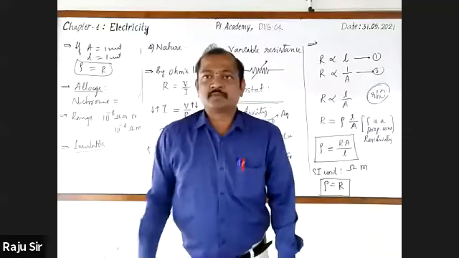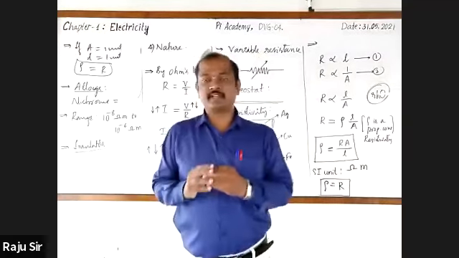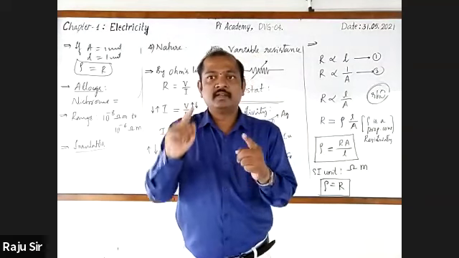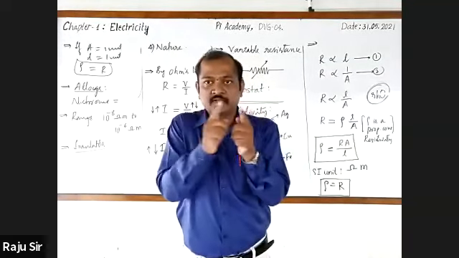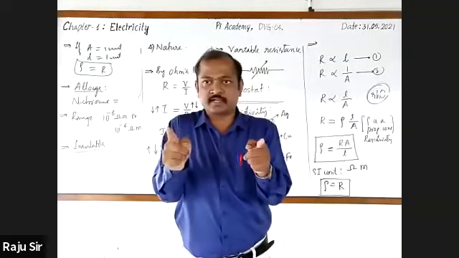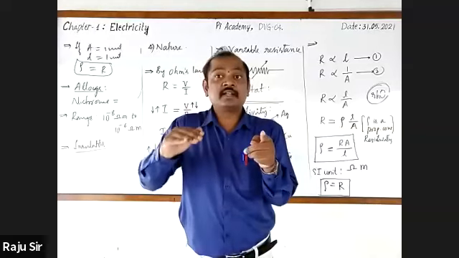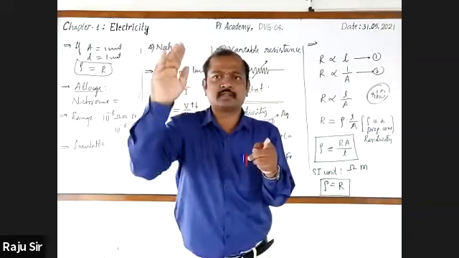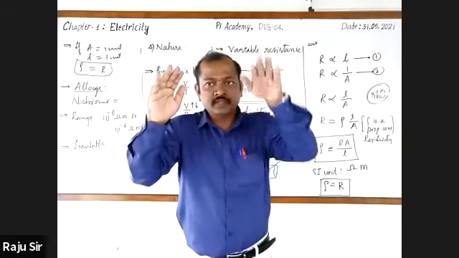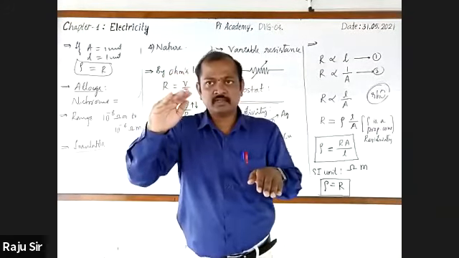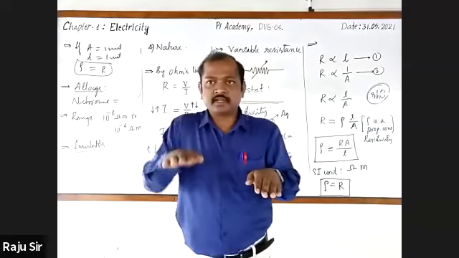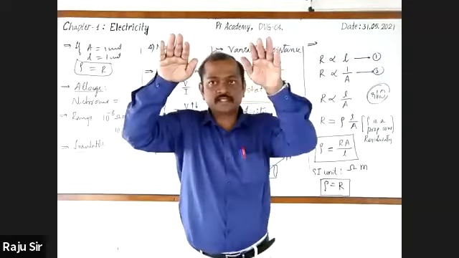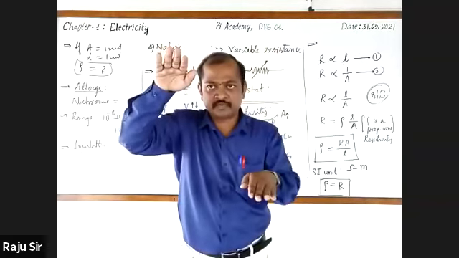Dear students, once again I repeat, please listen carefully. You all know that current depends on electric resistance. As resistance increases, there will be more opposition for the flow of electrons. Hence, current decreases. As electric resistance increases, current decreases.